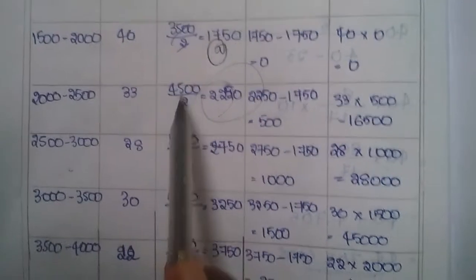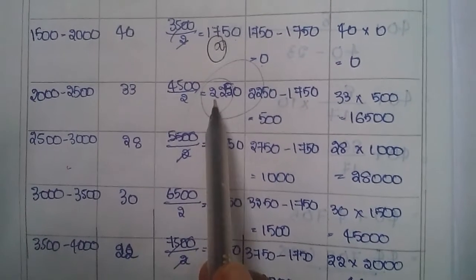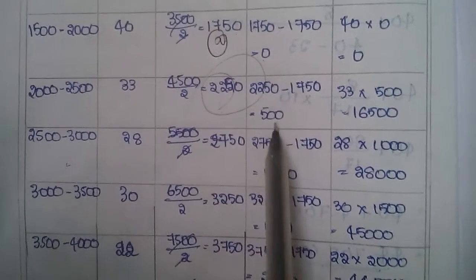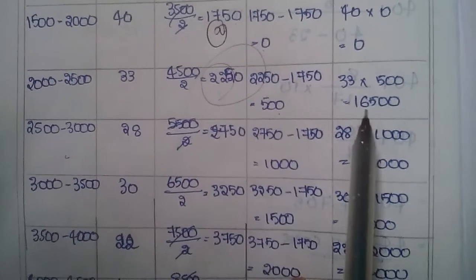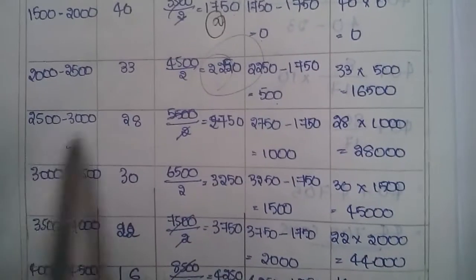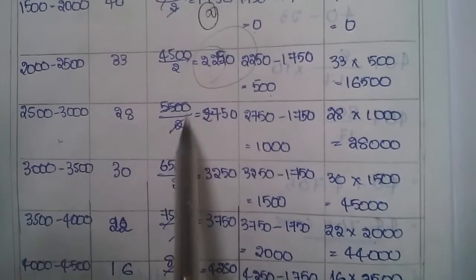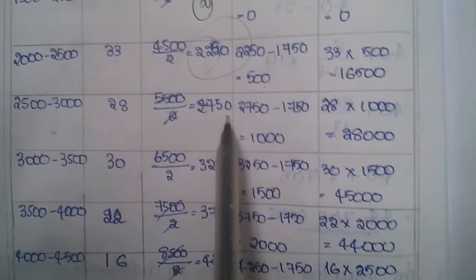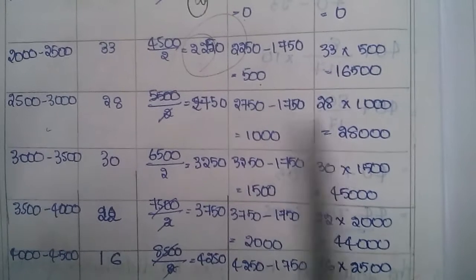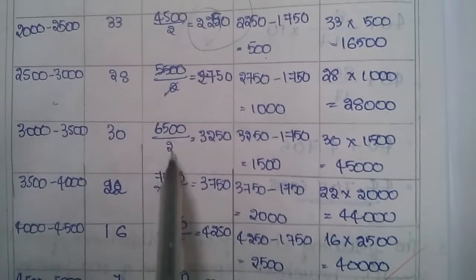Next, 4500 divided by 2 is 2250, and d is 500. So 35 into 500 is 17,500. Then 5500 divided by 2 is 2750, so d is 1000. 28 into 1000 is 28,000.